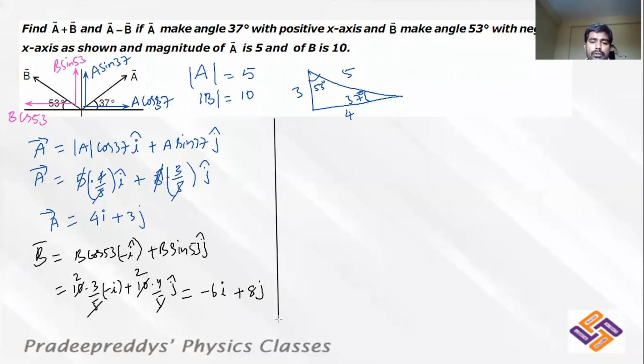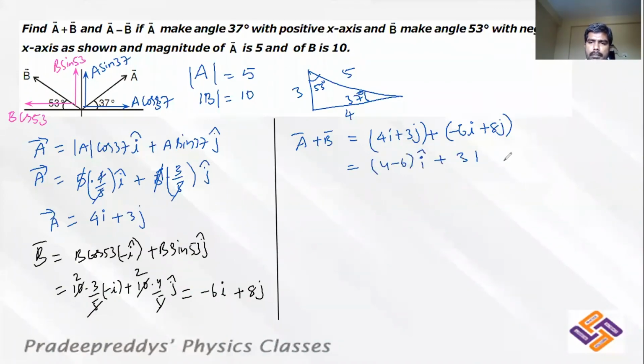What you are now supposed to find out? You are supposed to find out A bar plus B bar. A bar plus B bar is equal to 4I plus 3J plus of minus 6I plus 8J. This is equal to 4 minus 6 I cap plus 3 plus 8 J cap.